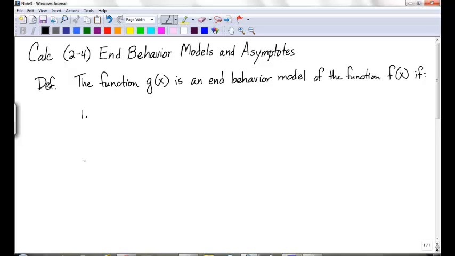The first one, the limit of f of x divided by g of x.